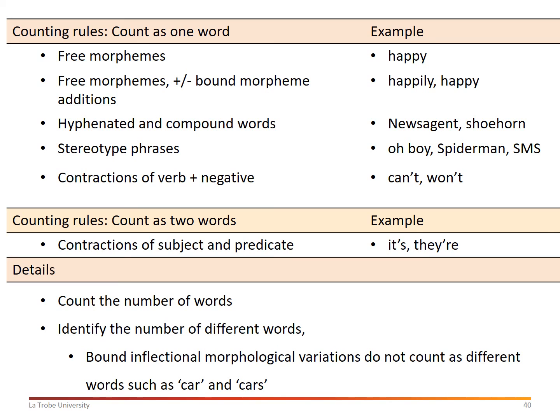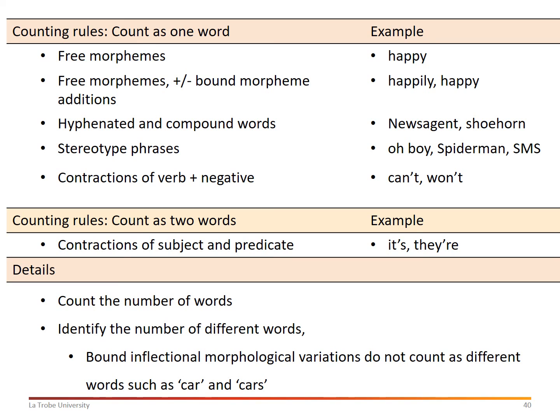Keep in mind here, we're interested in words, not so much on morphemes. So first block tells you what to count as one word, so free morphemes, whether they've got their bound morpheme or not. Hyphenated words are one word, stereotyped phrases are one word, and contractions of verb negative are one word. 2 words when there's contractions of subject, predicate, it's or it is, there, they are, and so forth.